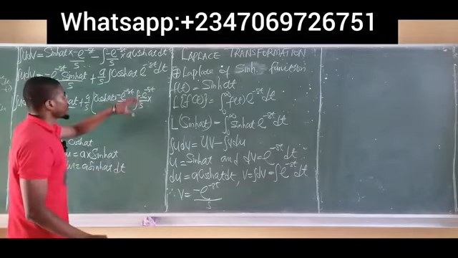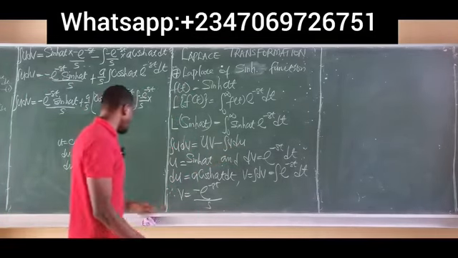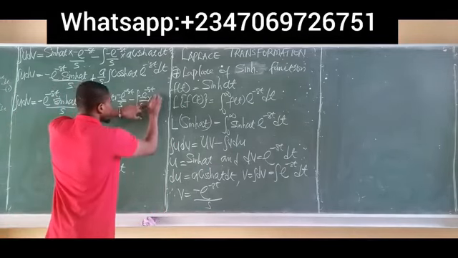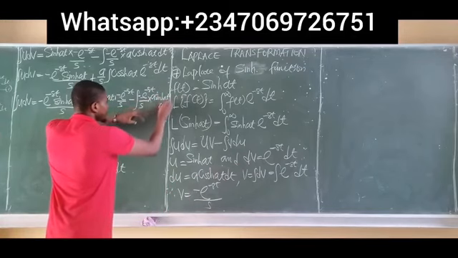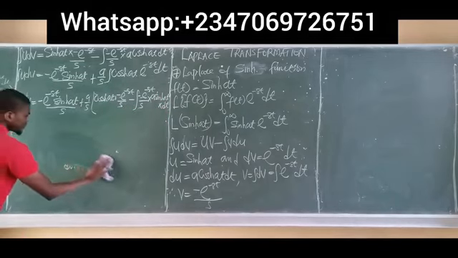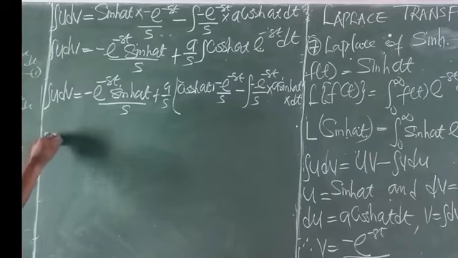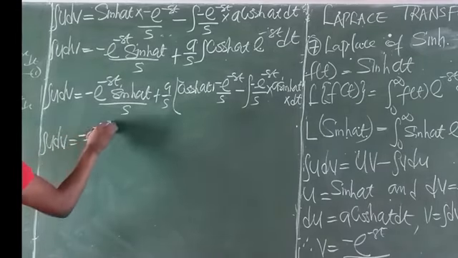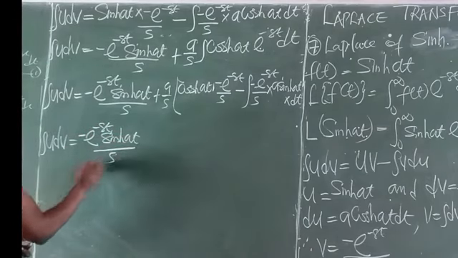That means for this part which says integral of v du, okay, du now becomes what? The whole of this, a sine at times dt. So in place of that, we simply have a sine at times dt. All right, so we simply have that. Okay, so integral of u dv is now equal to minus exponential minus st sine at all over s.